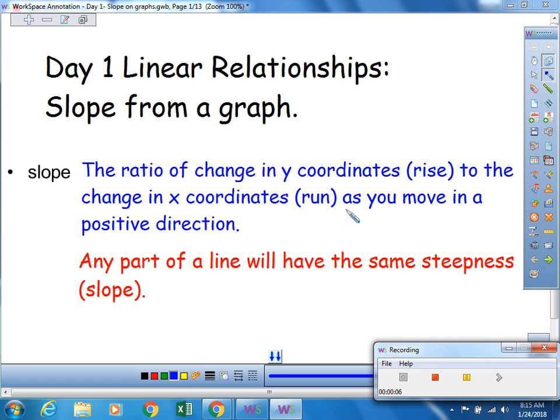Okay, and then this is the x, so this is going to be the run. Okay, so rise over run. So it's this distance, that stands for change in y, over this distance, change in x. Okay?